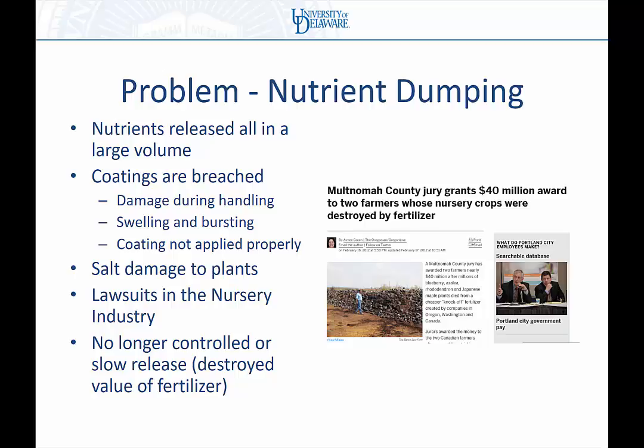You see up there a $40 million award in Oregon for a company that offered blends with a slow release fertilizer that dumped its nutrients. So this is a reality out there. If you start working with these, you really want to work with a reputable company, get to understand their technology, and make sure they have good quality control.